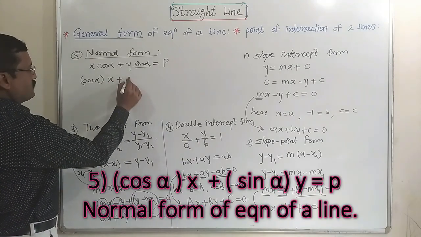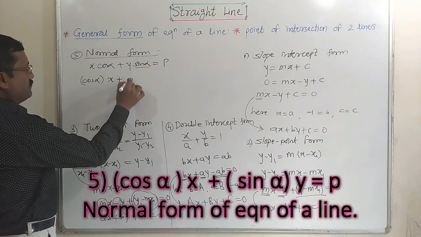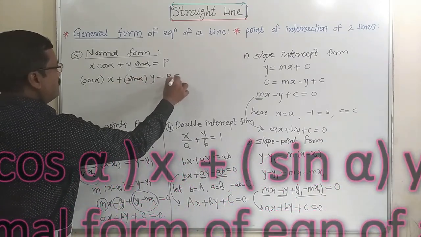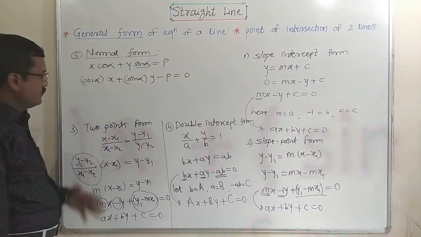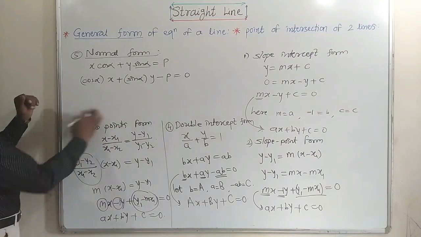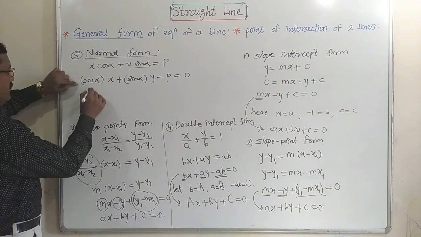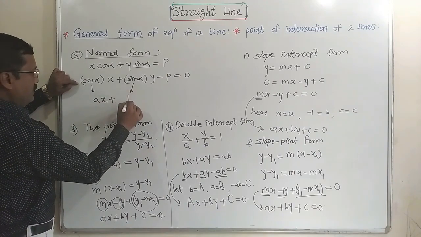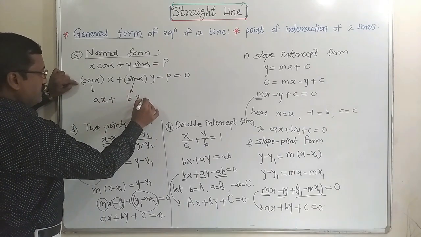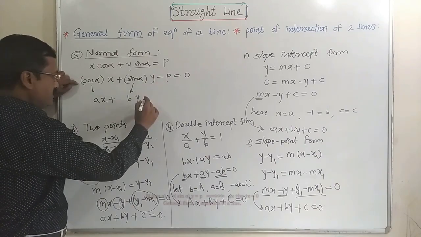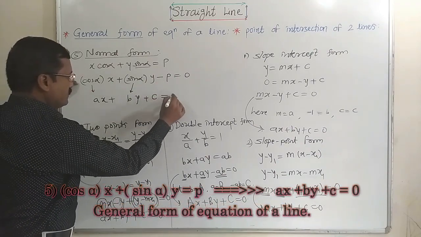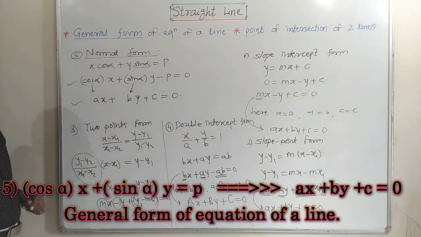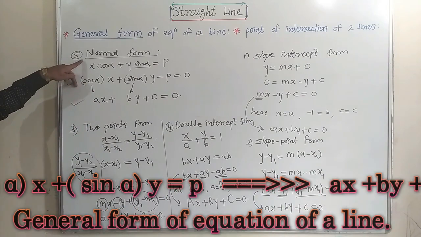Sin alpha is a constant, so it becomes the coefficient of y, and taking p to the left, we get equal to 0. So if cos alpha equal to A, we get Ax. If sin alpha equal to B, we get By, and minus p equal to constant C, so equal to 0. So this is the general form of this normal form.